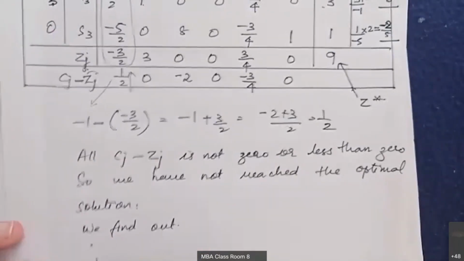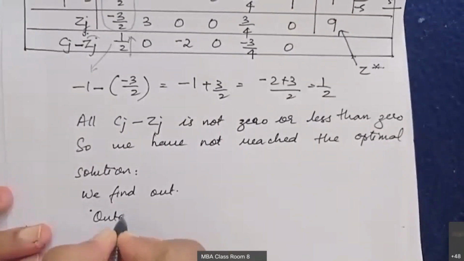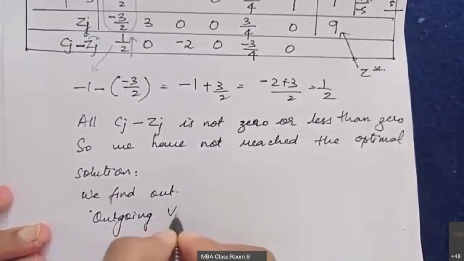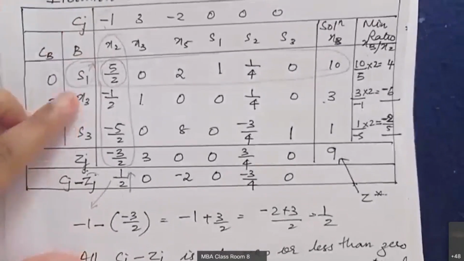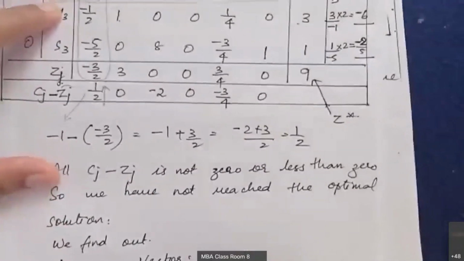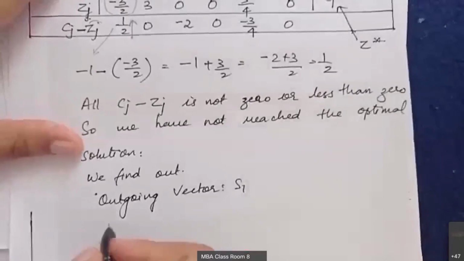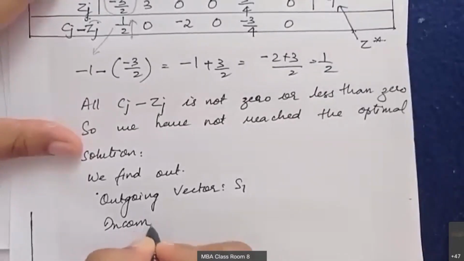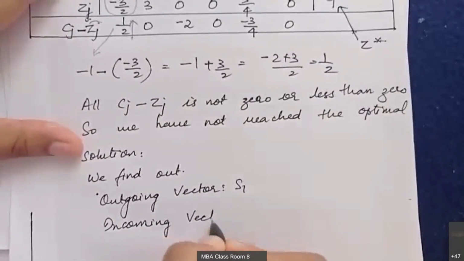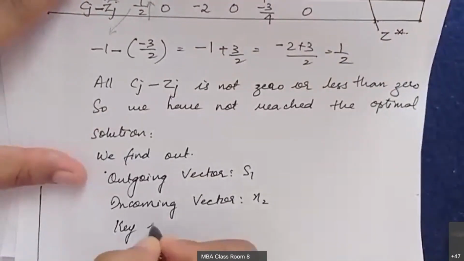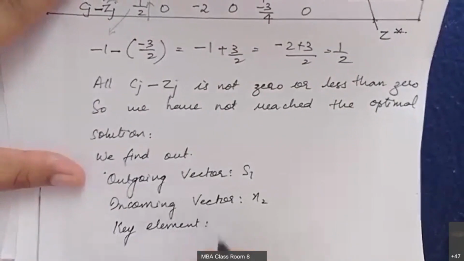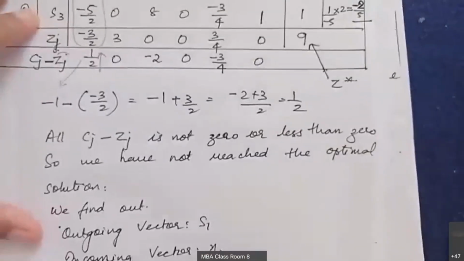What are the things that we are finding out? The outgoing vector. The outgoing vector is going to be S1. The incoming vector is going to be X2. And we have the key element. The key element is the intersection value, that is 5 by 2.